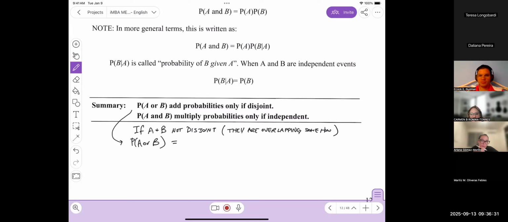So it's going to be that longer formula: probability A, plus probability B, and subtracting the overlapping piece. Let me do it like that.